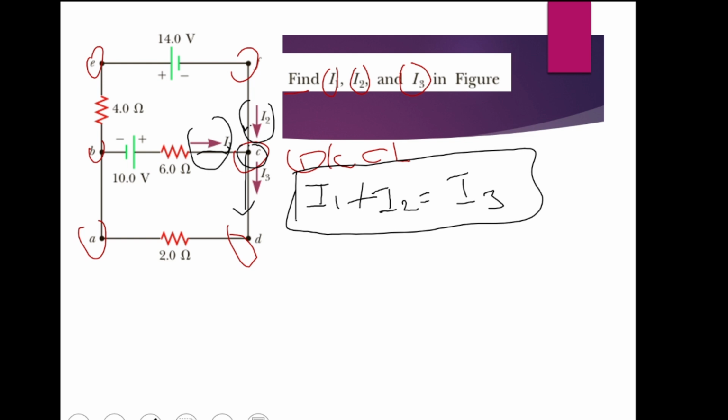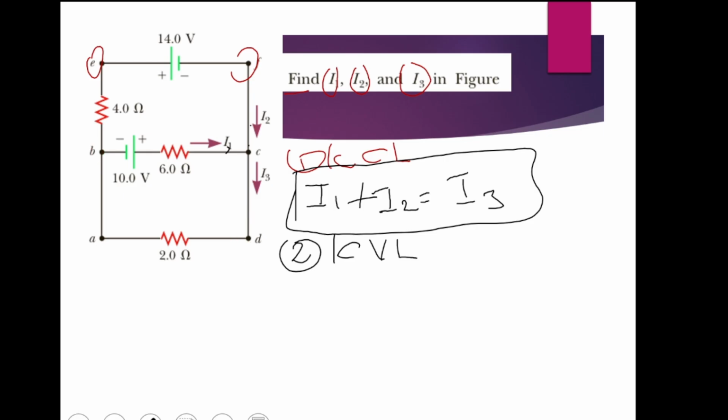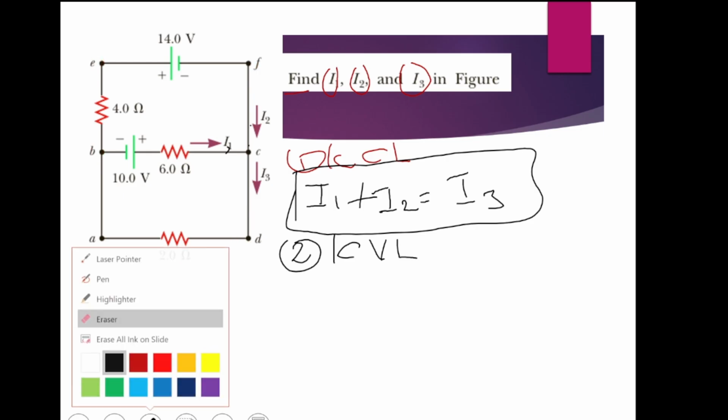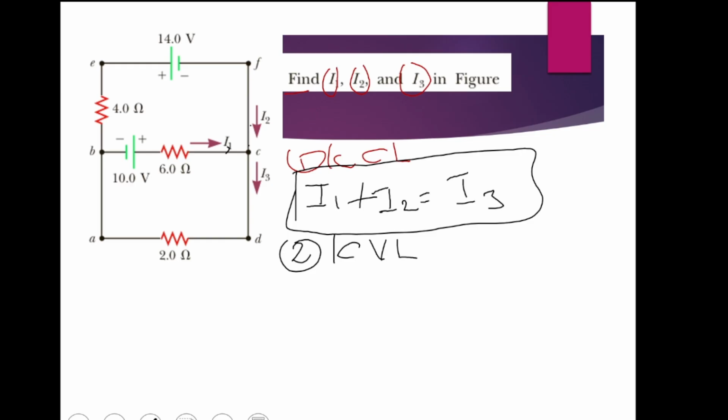Now let's go to Kirchhoff's second law, which is Kirchhoff's voltage law, or loop law. Now we have to create two loops, which we can use for this problem. We can create any loops that we want. So we can create two loops for this circuit separately.